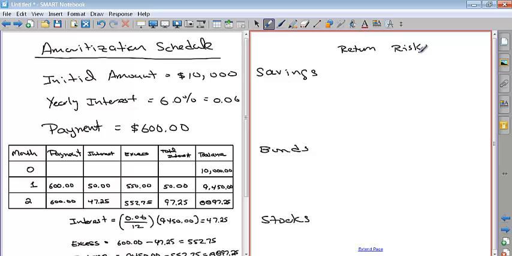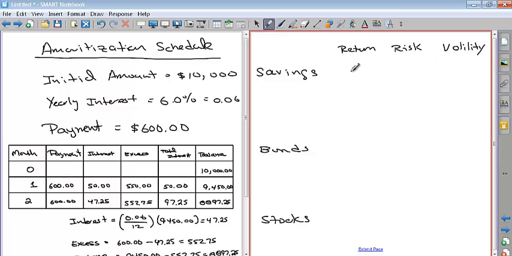The higher the risk, the more likely you are to lose money. But usually that means on average you're going to get a higher return for assuming some of that risk. And then there's the volatility, and that's how much the value of the thing changes with time.